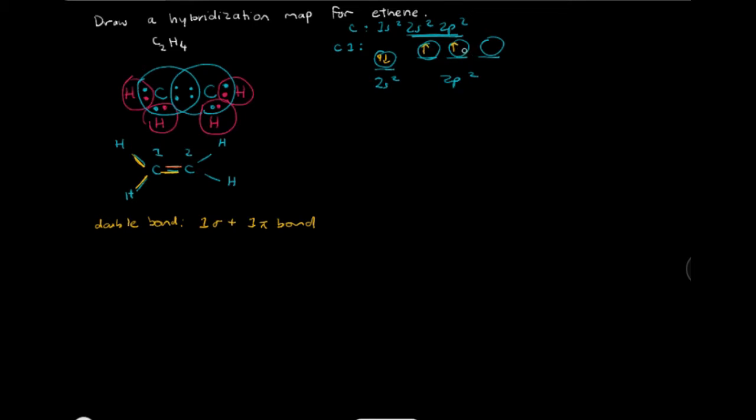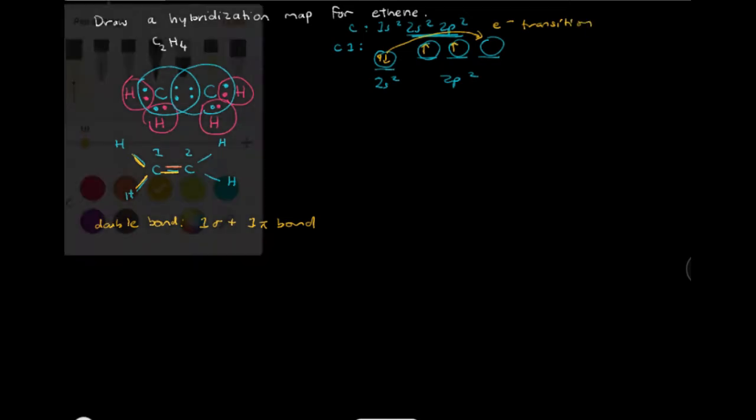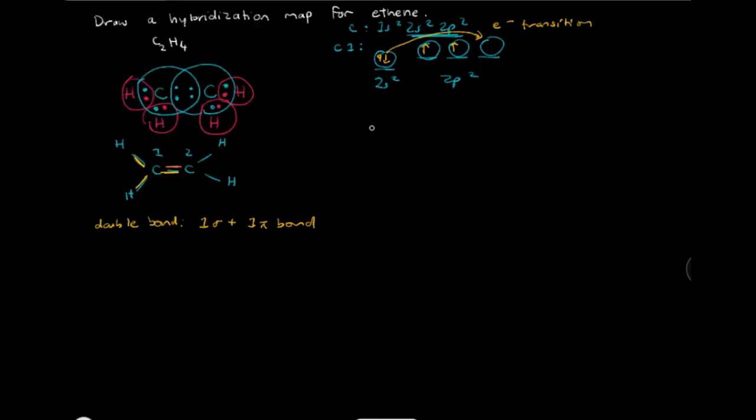So we need 3 sigma bonds, so we need to actually hybridize 3 orbitals to form those sigma bonds. Now in order to create a sigma bond, you need a half-filled orbital first of all. So in order to do that, you need an electron transition, right? So I'm going to promote this electron to jump to this empty shell here, right? So we have an electron transition, and after the electron transition, we're going to get an excited state, which will look like this, right?